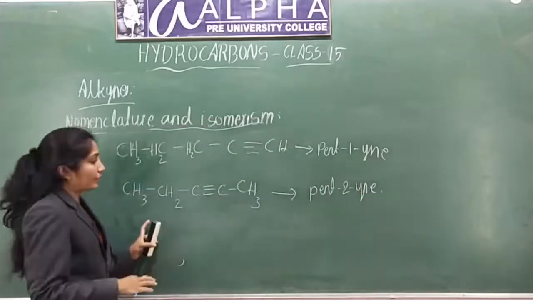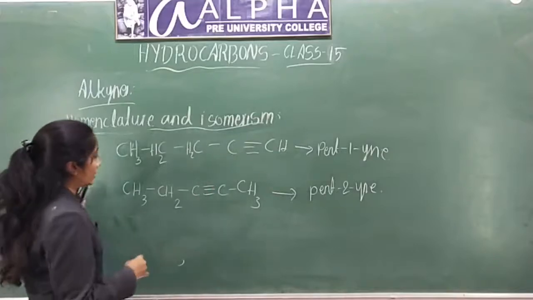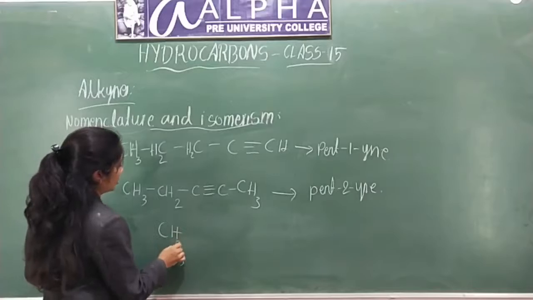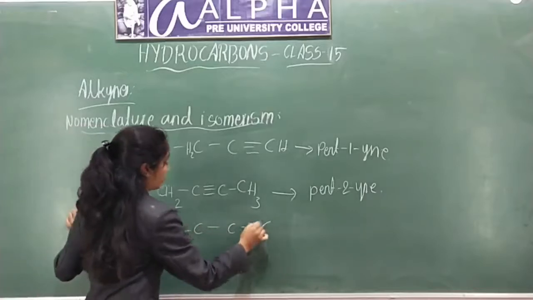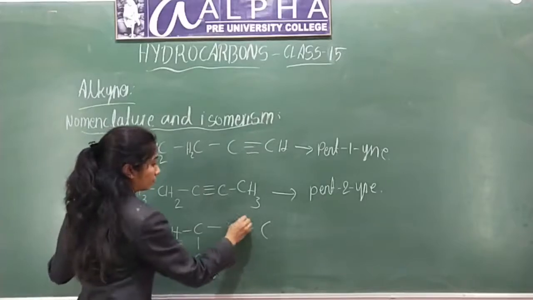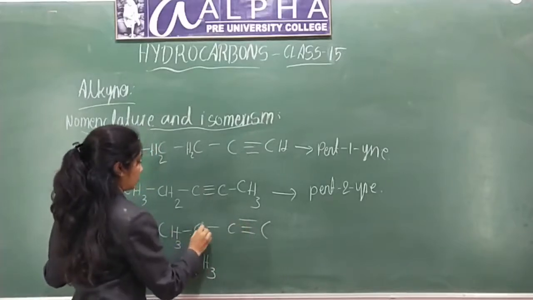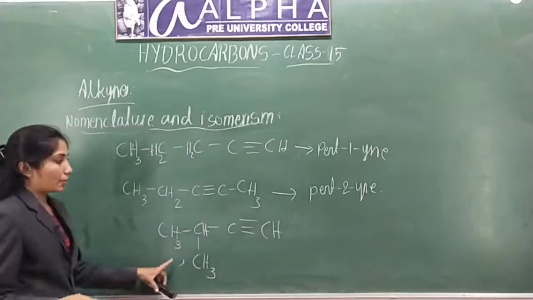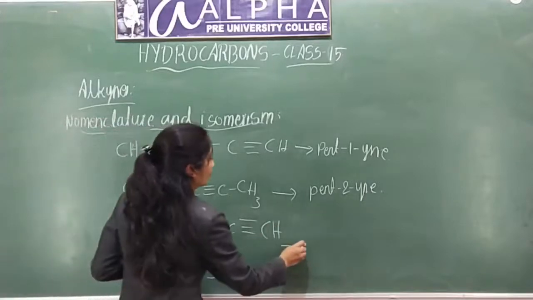Okay, I will write one more structure like this: CH3, 3, 4, CH3, CH. What is the IUPAC name of this compound?